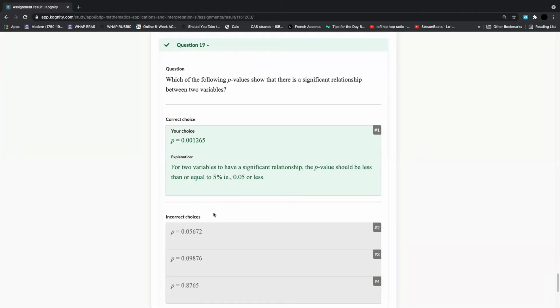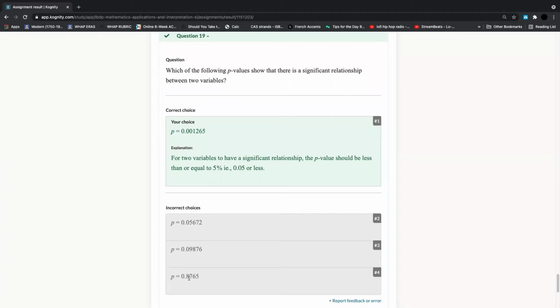Okay, question 19. Which of the following p-values show that there is a significant relationship between 2 variables? I think I mentioned this right before. The answer choices: 0.8, you could immediately eliminate that, because you know that your significance value would be 0.05 or 0.01.